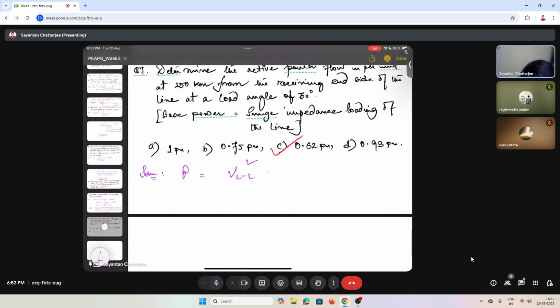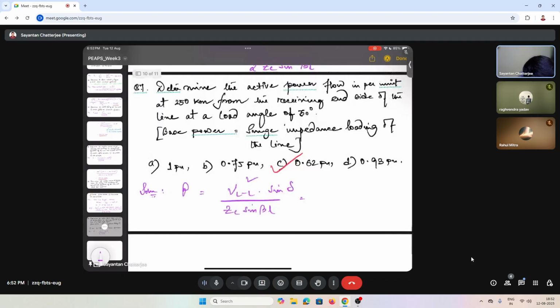Where sin delta and ZC. So if you multiply V line to line, that means 400 square, and sin delta means sin 30.